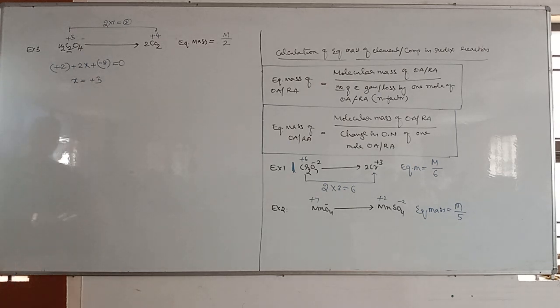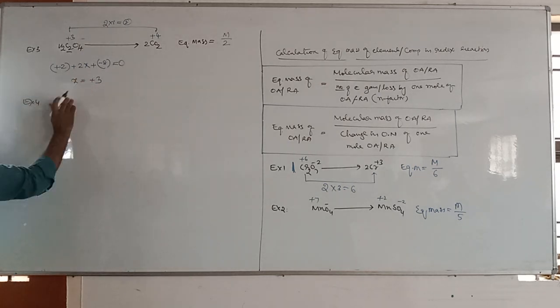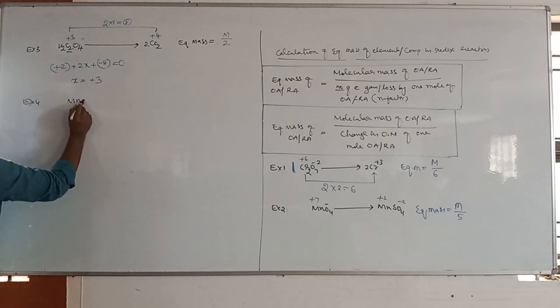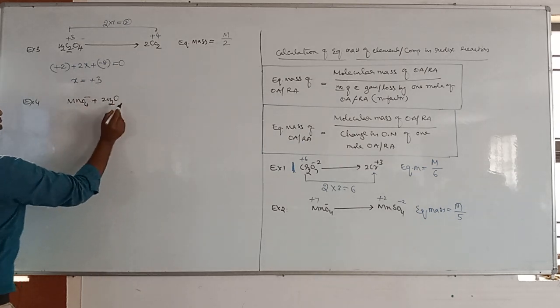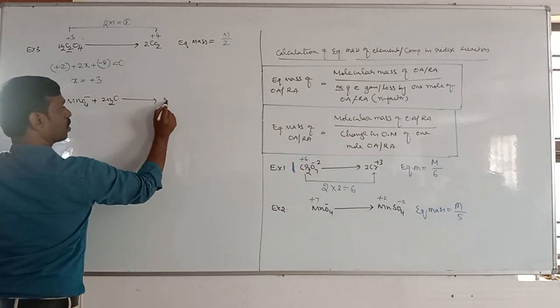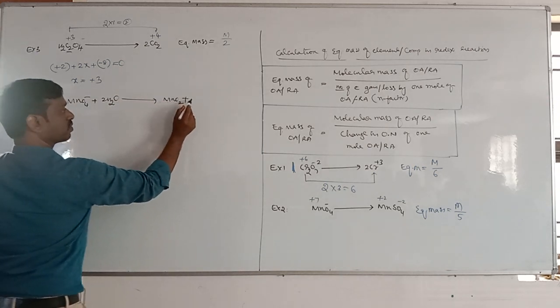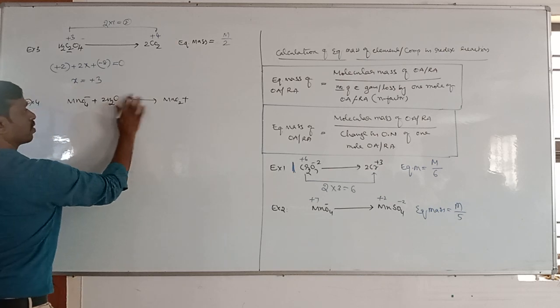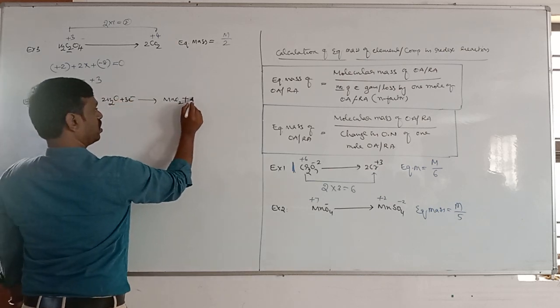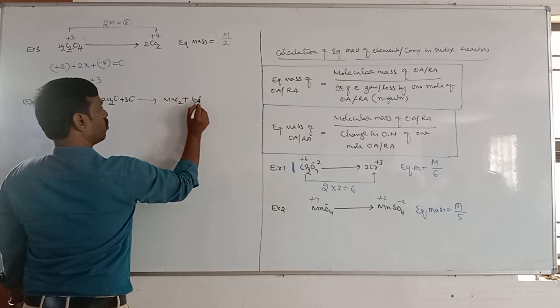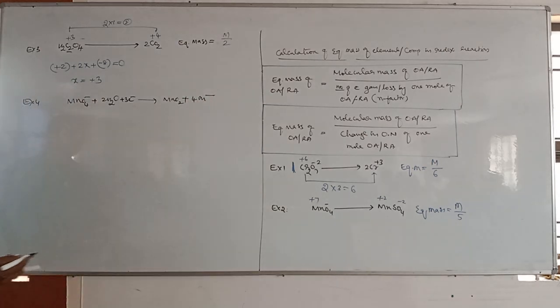If electrons are given, I will give an example. Let us take MnO4 minus plus 2H2O gives rise to MnO2 plus 4OH minus.